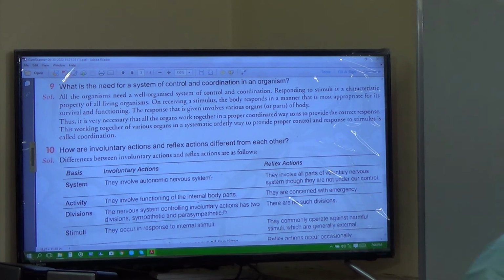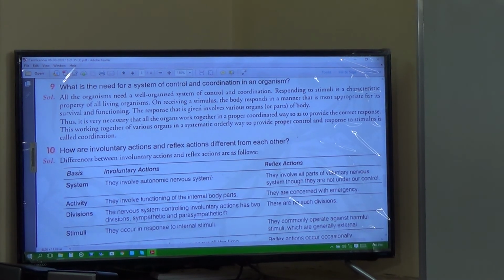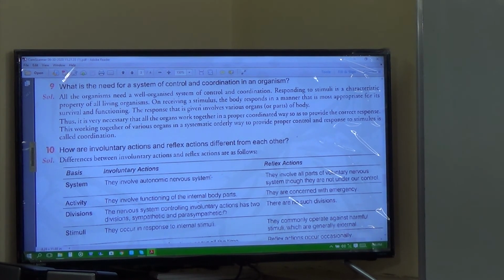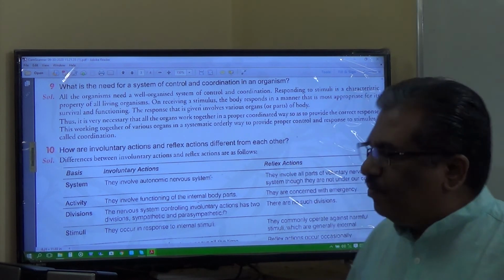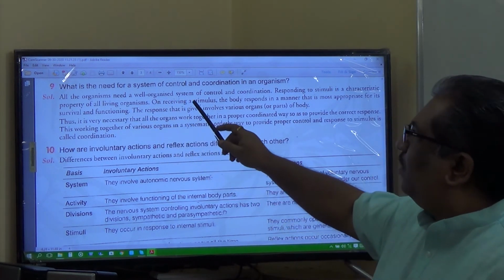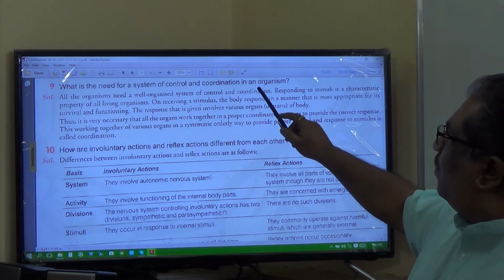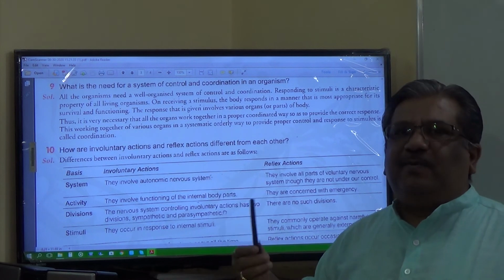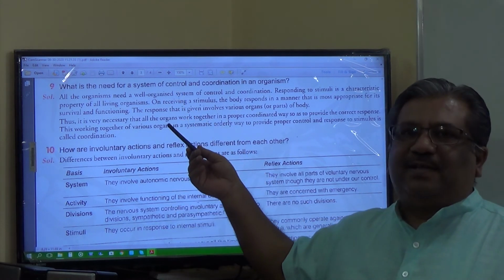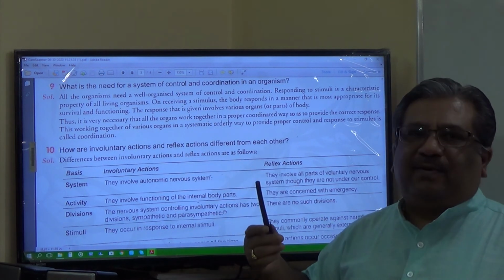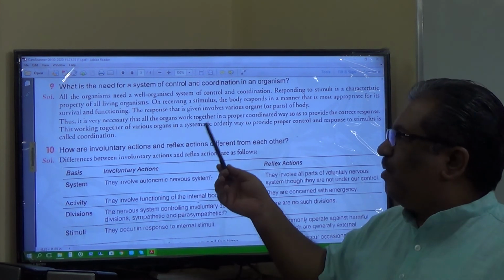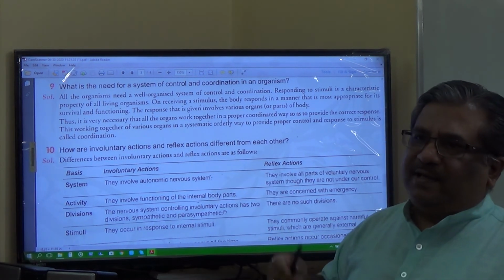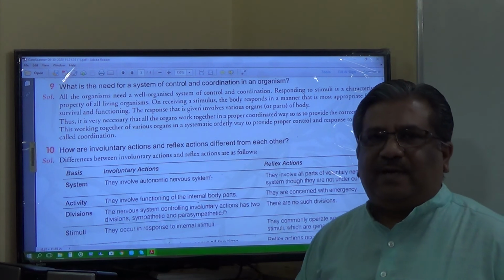Just have a look at this question. What is the need for a system of control and coordination in an organism? The whole chapter we have learned is to understand only this. Why do we require control and coordination? If I am talking to you, I require control and coordination. If I am driving a vehicle, I require control and coordination.